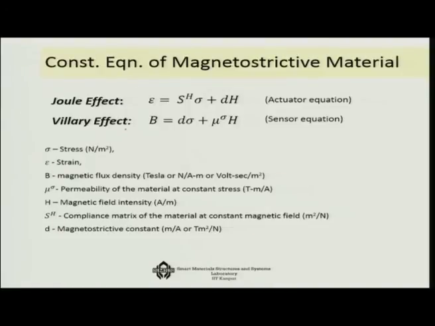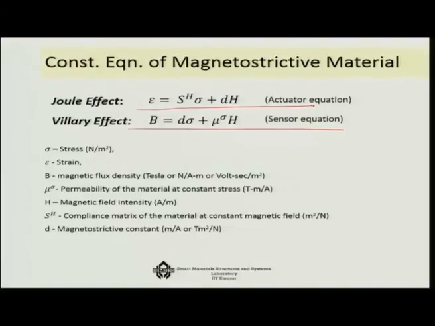For example, the Villari effect you can use in developing the sensor here. And the other one is where there is an application of the magnetic field and you are getting a change in terms of the mechanical strain, which is used in the actuator equation.